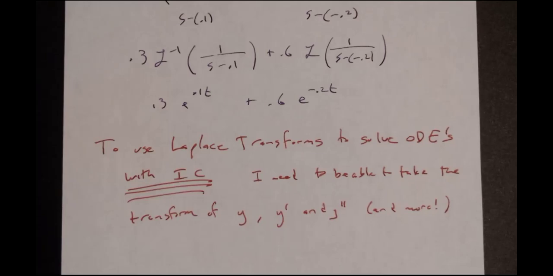It turns out that with a bunch of integration by parts, I can actually do the Laplace transform of f and of f prime, and they're related to each other.